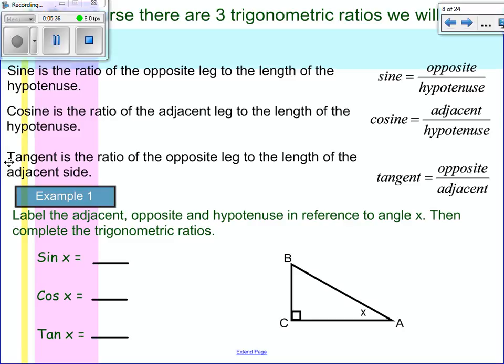Now, the reason we label that is because we have some things called trigonometric ratios. These trigonometric ratios you might have heard before, they're called sine, cosine, and tangent. Now, someone a long time ago figured out that when you build triangles, angles connect to side lengths, like we talked about earlier today.